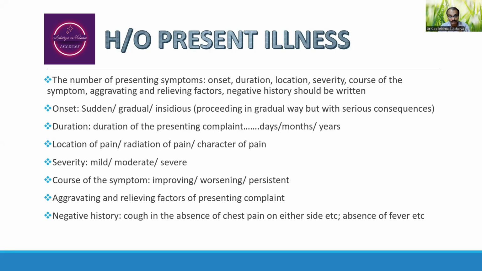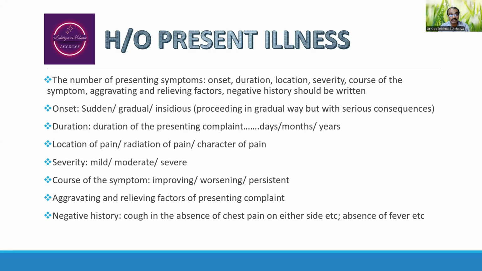The third aspect as far as pain is concerned is the character of the pain. If the person is having pricking type of pain, that usually suggests the person may have an inflammatory condition. If the person is having burning type of pain, specifically in the epigastric region, that may indicate hyperacidity syndrome.